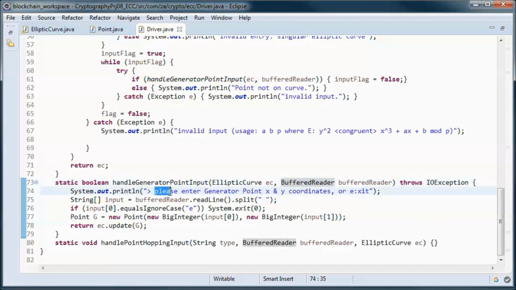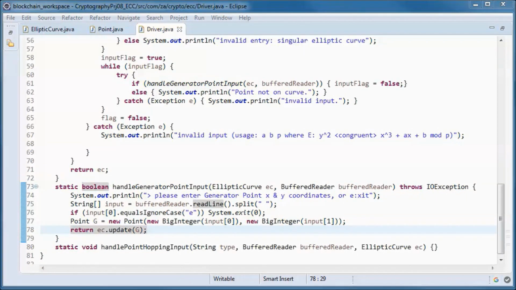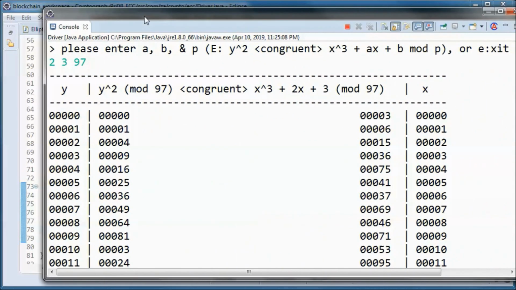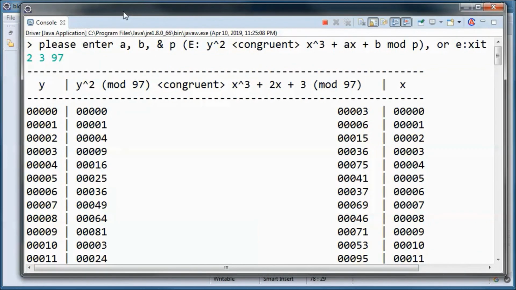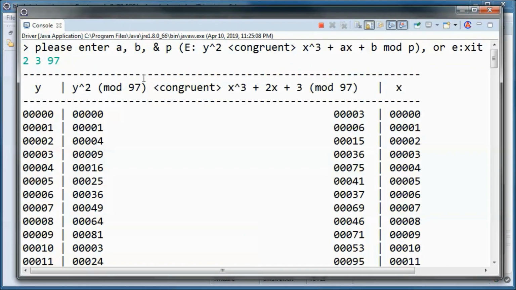So we are prompting the user for the x and y coordinates of the generator point, and updating the elliptic curve with that point. Now before proceeding with finishing the code, let's go over this elliptic curve.